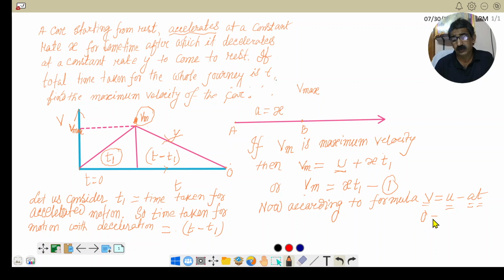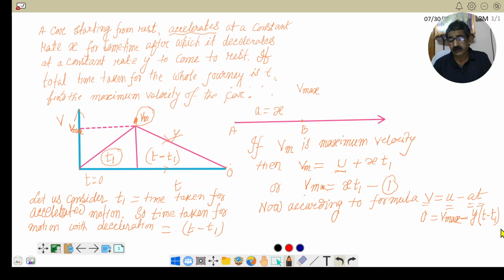So according to the formula, 0 is equal to Vmax minus, in place of a, y, in place of t, t minus t1. So this is the second equation.